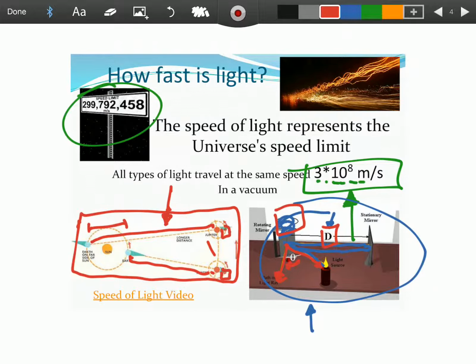But over those distances, human reaction speeds are slower than the light travels. So yeah, you can't do it that way.